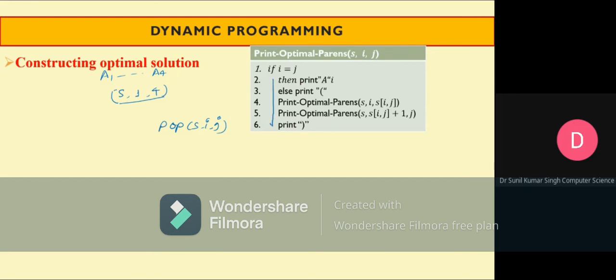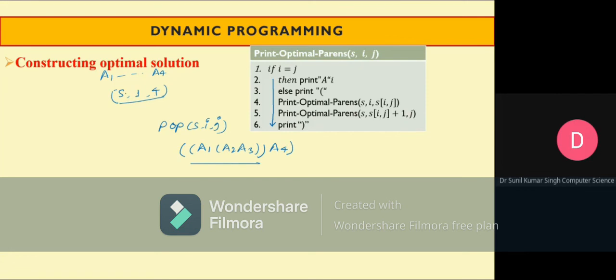After executing these steps, you will find the sequence like A1, A2, A3, and then it will be multiplied with A4.